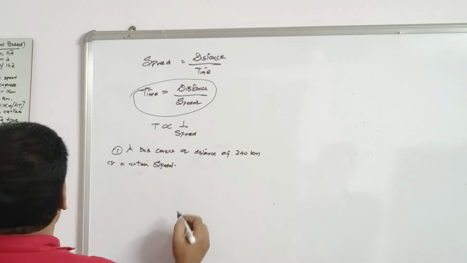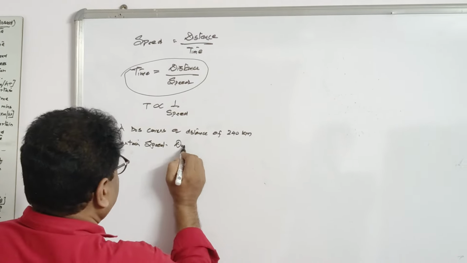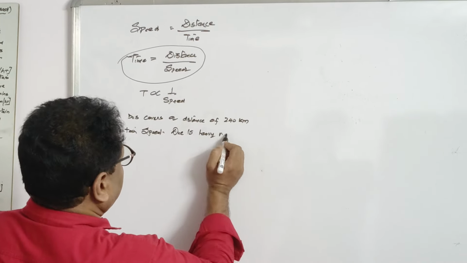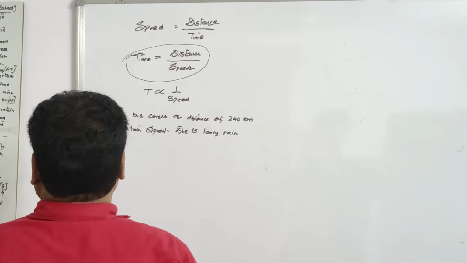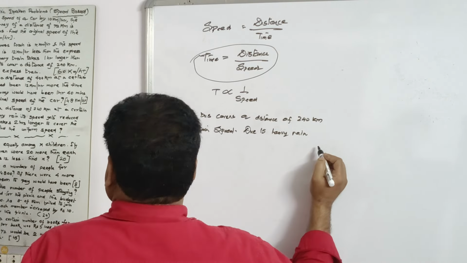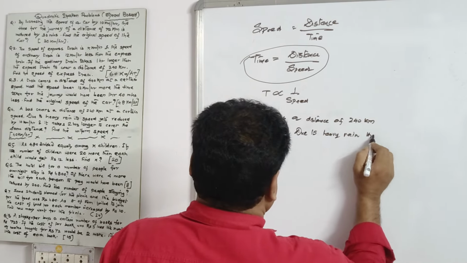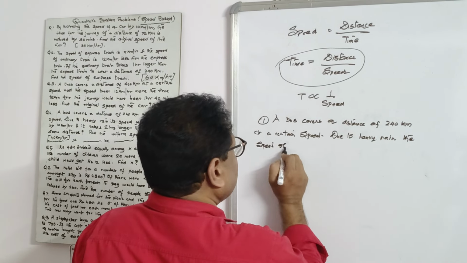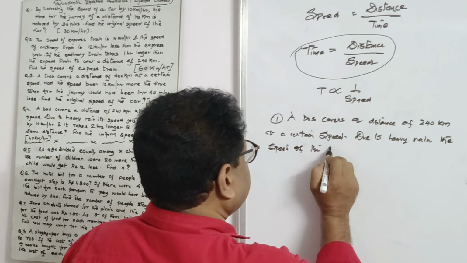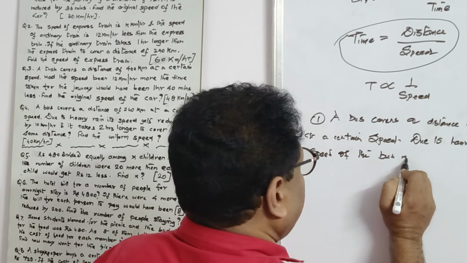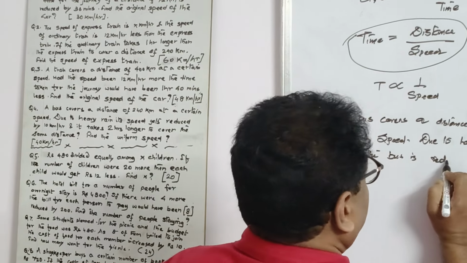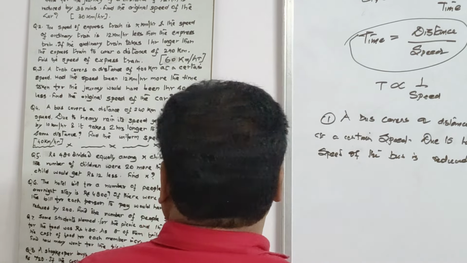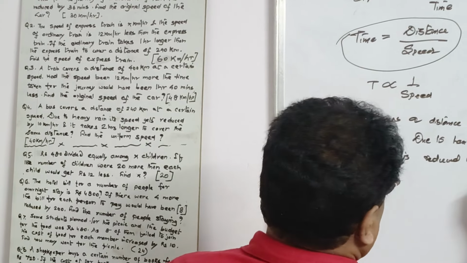Now due to heavy rain, the speed of the bus is reduced by 10 kilometers per hour.